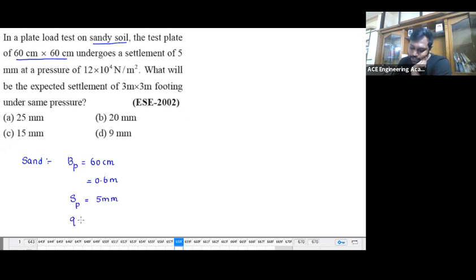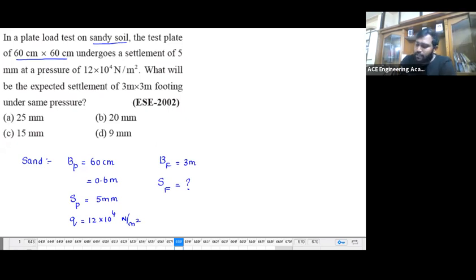Whatever the pressure is, 12 into 10 to the power of 4 Newton per meter square. What will be the expected settlement of 3 meter by 3 meter under the same pressure? So if I apply the same pressure on a footing whose width is 3 meters, then what is the settlement of the footing? How much is it?